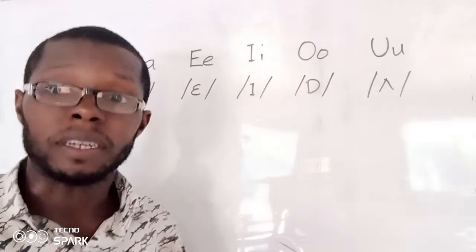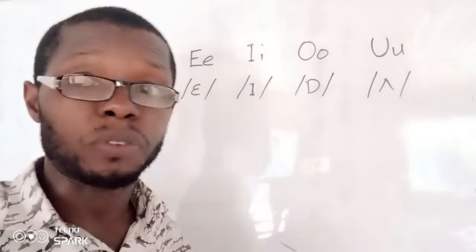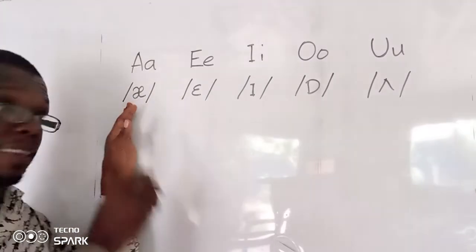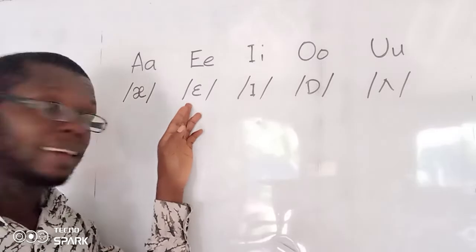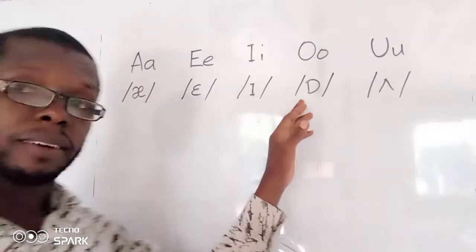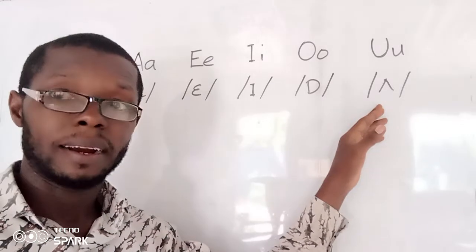That's what I'm going to show you today so you can articulate correctly, differentiating between short letter A and short letter U. Now you can look at these vowels again as they are produced as short sounds. As written on the board, letter A is A, letter E is E, letter I is I, letter O is O, letter U is A.